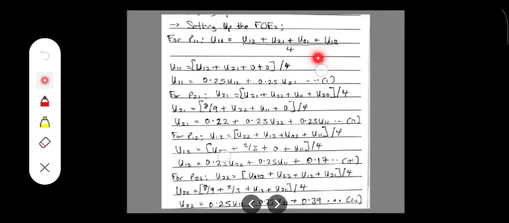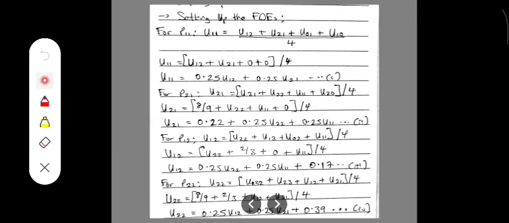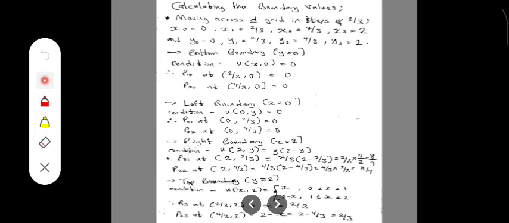Now we set up the FDE, that is the finite difference equations. So starting with the first node u11, we have the formula u12 plus u21 plus u01 plus u10, divided by 4. All we have to do is to substitute the values for these points, because we already have them now. We have those points in our notes.